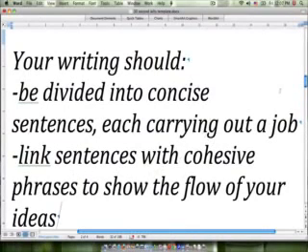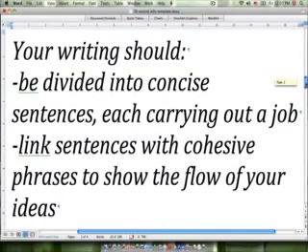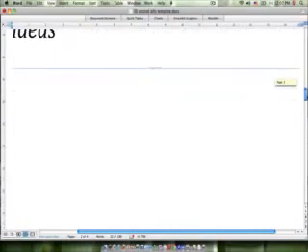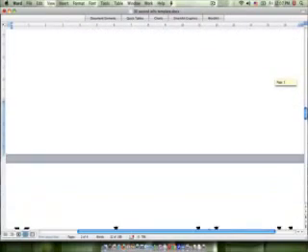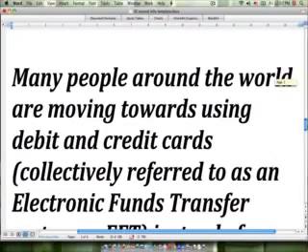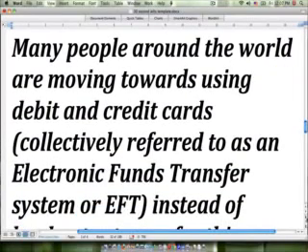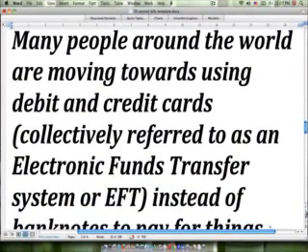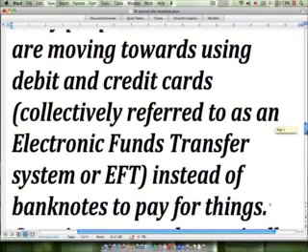Now let's look at a student's writing. This student responded to this essay question. Many people around the world are moving towards using debit and credit cards, collectively referred to as an electronic funds transfer system, or EFT, instead of banknotes to pay for things.